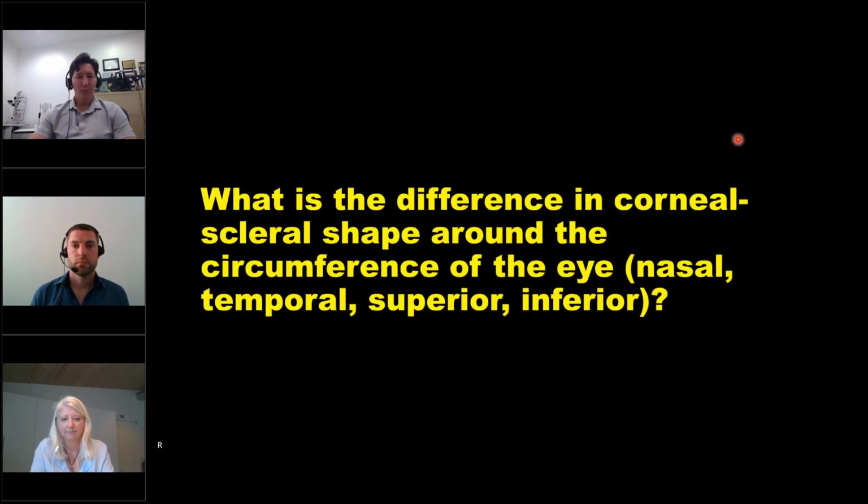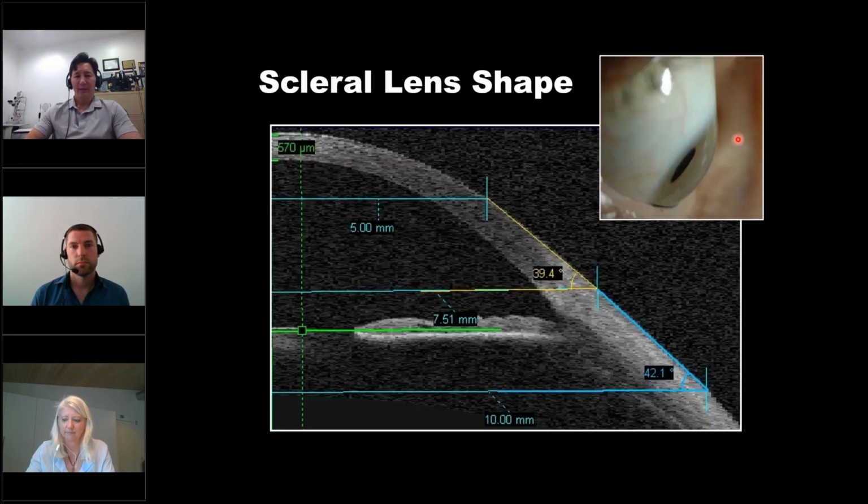Last major topic was, what is the difference in corneal scleral shape around the circumference of the eye, nasal, temporal, superior, and inferior? And this early work by our group at Pacific University showed that OCT was able to give us a really good appreciation of these angles that form around the peripheral cornea at 10 millimeters, and they run right out to approximately 10 millimeters across the anterior chamber.